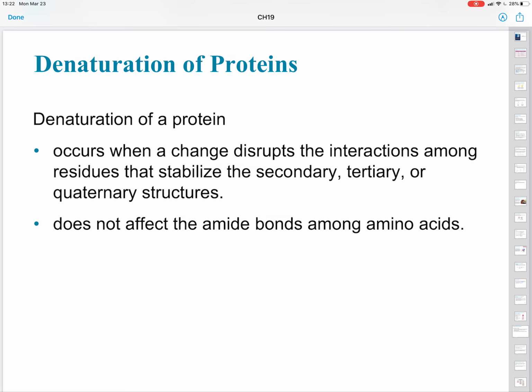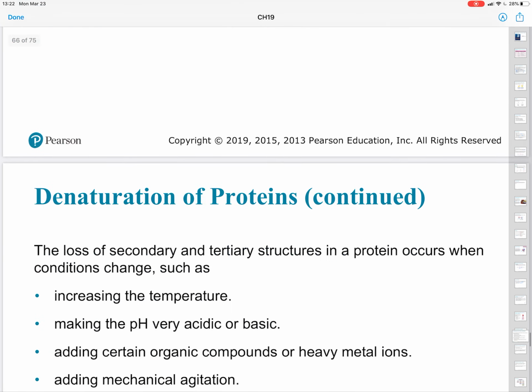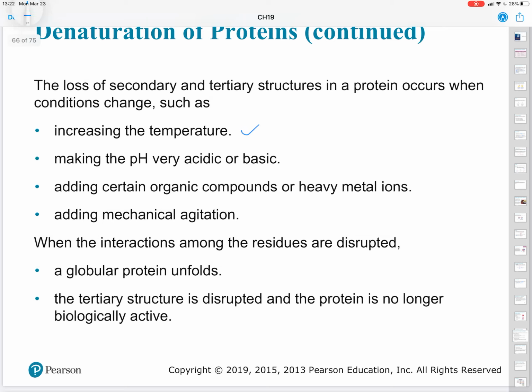Okay, these are the things that can denature a protein. Increasing the temperature, so heat. Changing the pH. If we change the pH, those salt bridges go away, right?